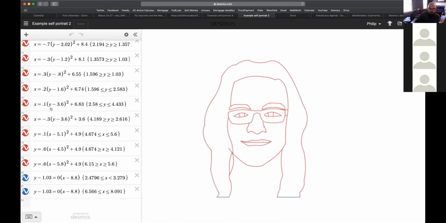So I had the same 75. But you could finish. When I look at this, it looks finished. There's nothing glaring. Could you add more to this? Sure, you could, but to me, it looks like it's done. This thing looks like a face. In the class at the time, I could tell who it was.